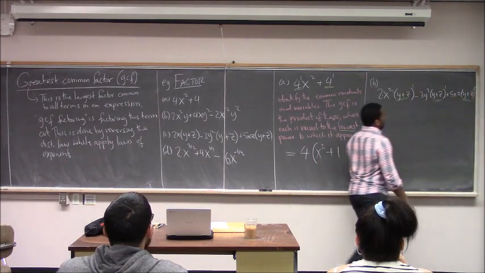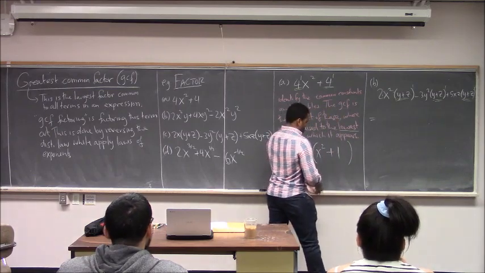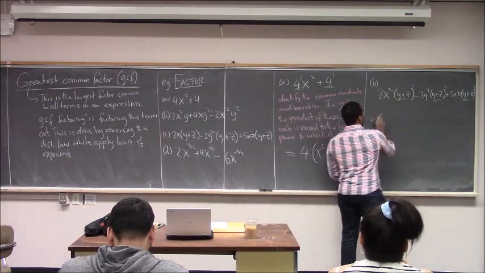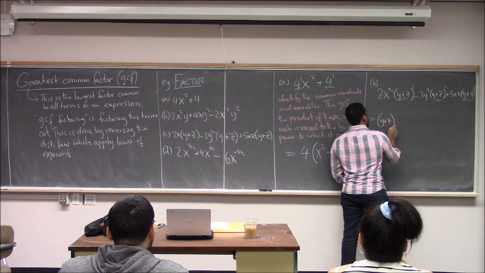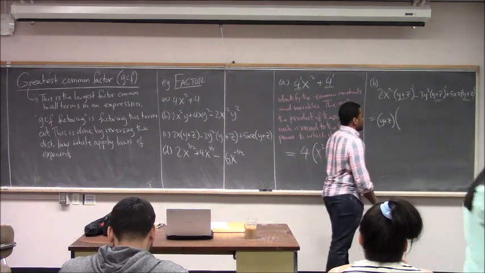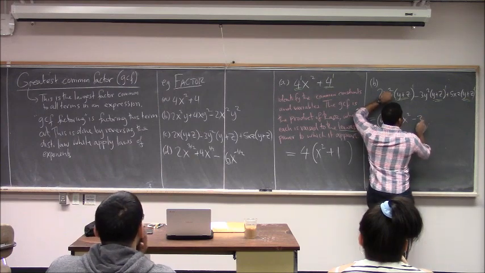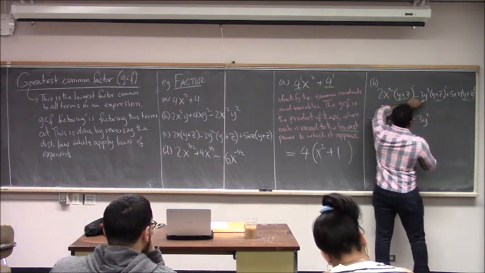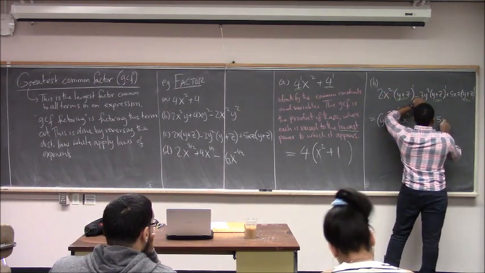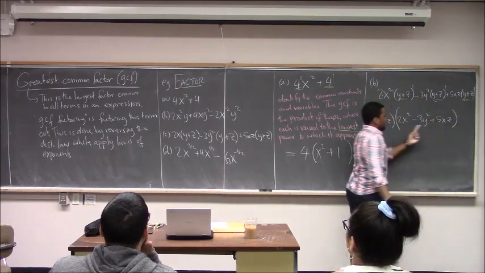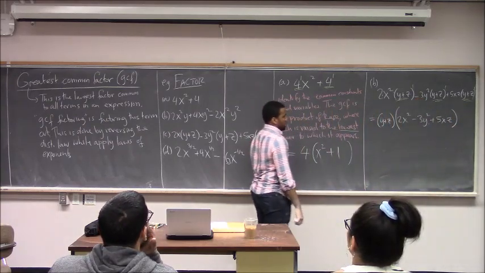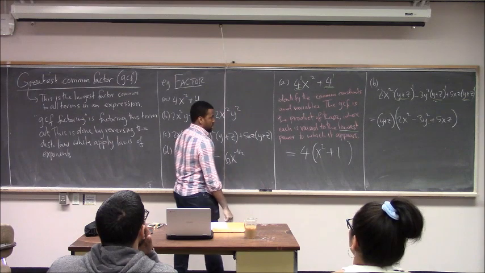It appears to the first power everywhere. And so you would pull that out to the first power. Open parentheses, you're going to write what's left over after you pulled it off. So we're left with 2x minus 3y squared plus 5xz. Nothing else here is common, so you can't really factor anything out there. And we would leave it like that.